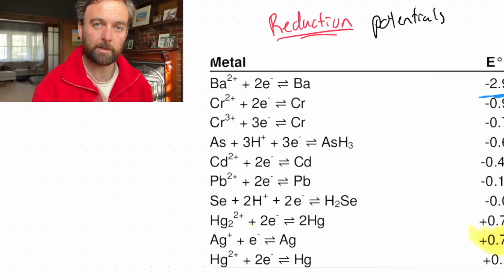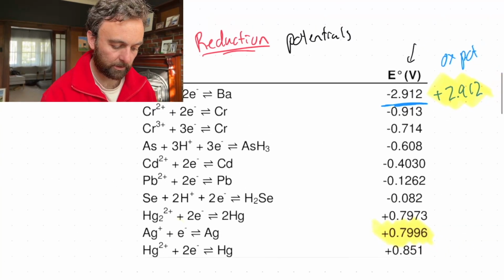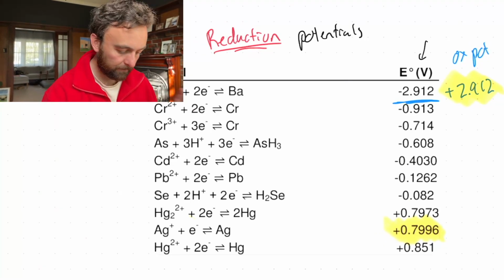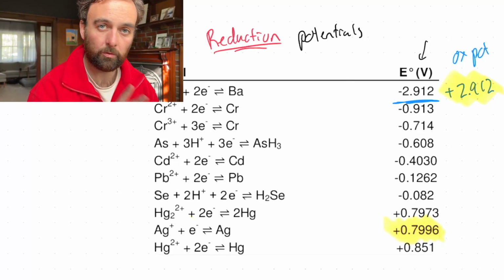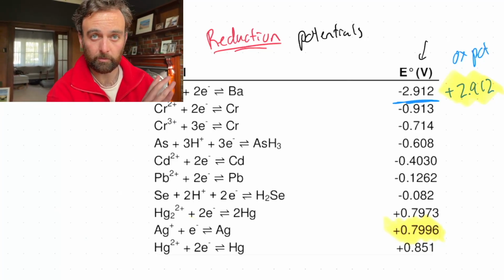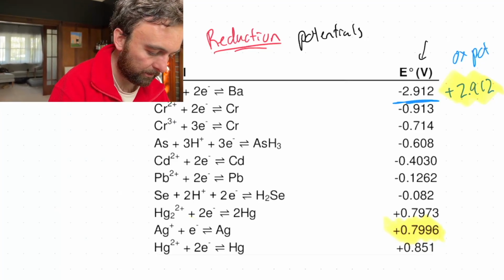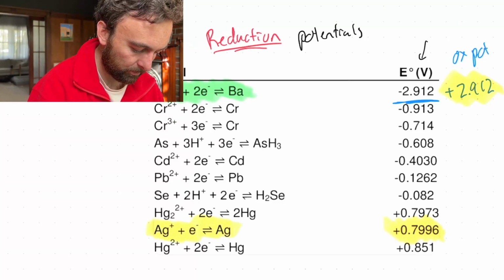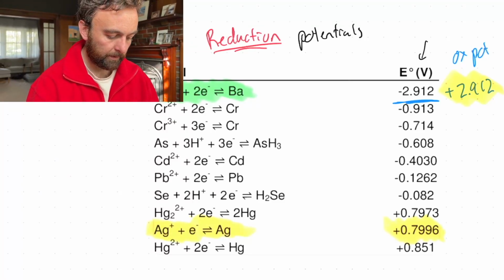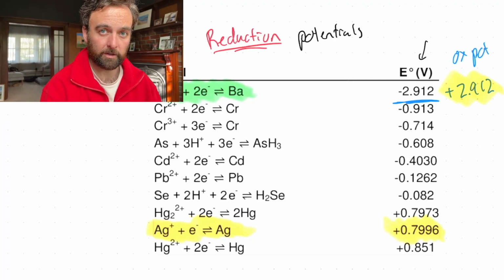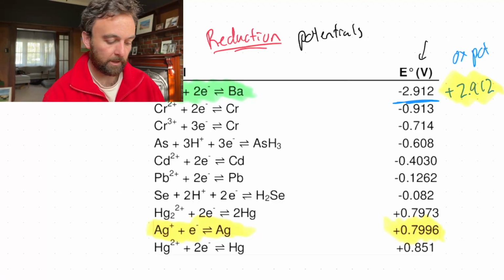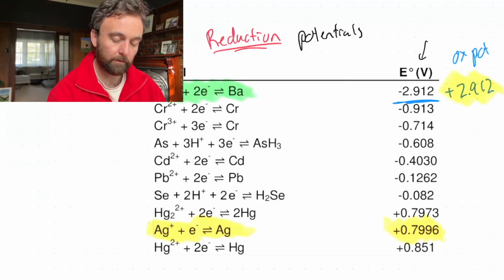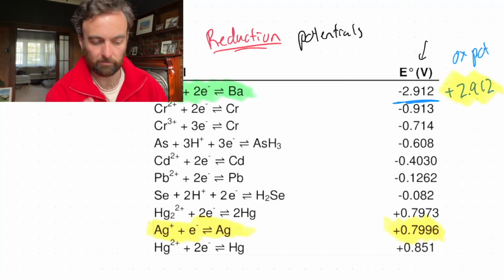And what determines that is the reduction potential or the oxidation potential. So if you had two solutions with all of the ions in there, so you had this with all the ions, and you had this with all the ions, the number which is more positive will run as the reduction. Now, this will be exactly the same for the oxidation. So the more positive runs as the preferred reaction.